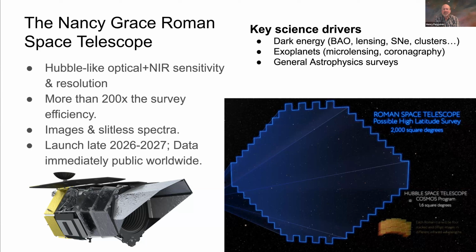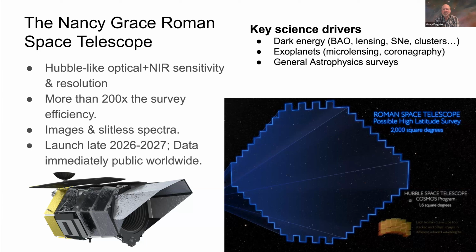Just in case you're not familiar with Roman, the Nancy Grace Roman Space Telescope is Hubble-like: the same size primary mirror, optical and near-IR sensitivity, Hubble resolution, much more stability. It's out at L2, or will be.